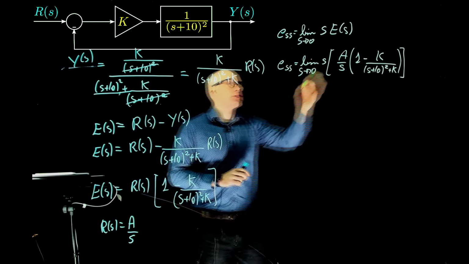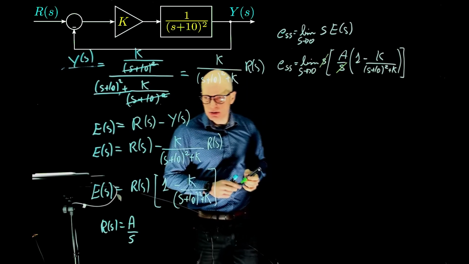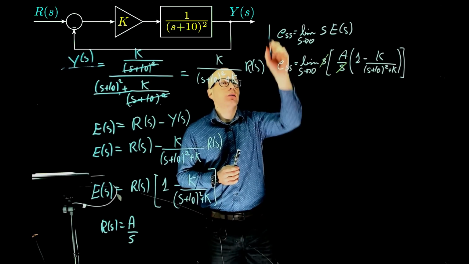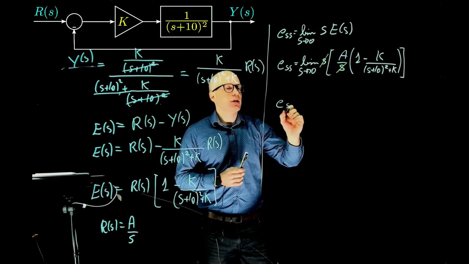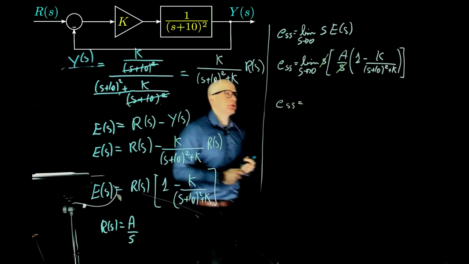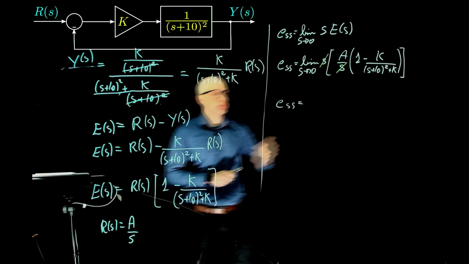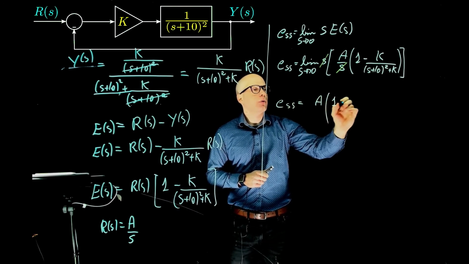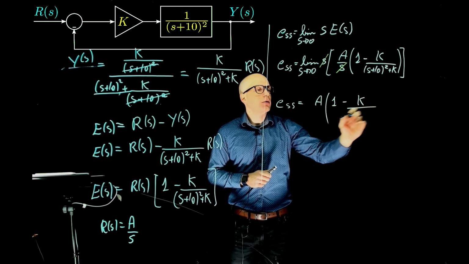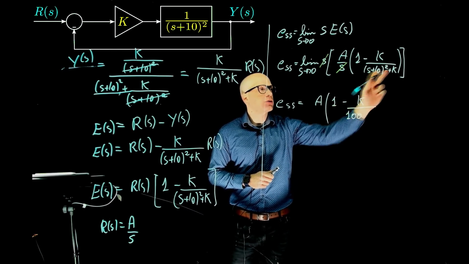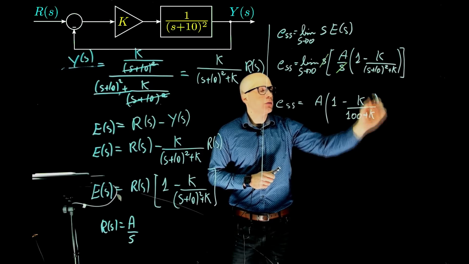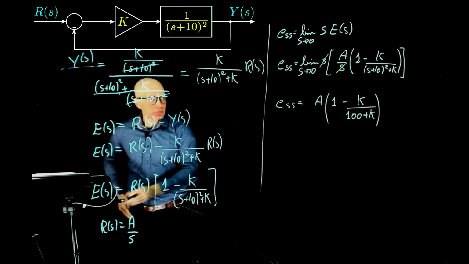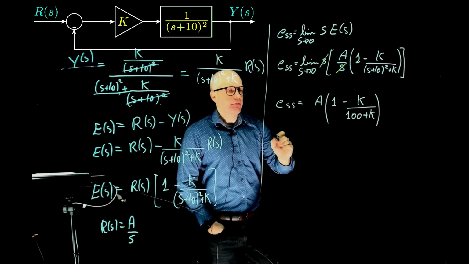So this s and this s cancel, and we are left with the error in steady state, which is, what is the result there? A times 1 minus K divided by 10 squared plus K. We can further simplify this.